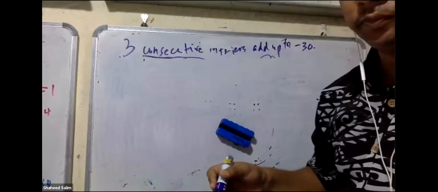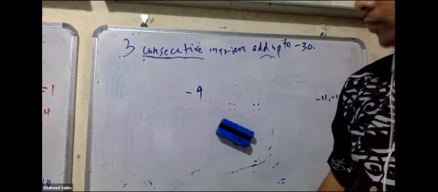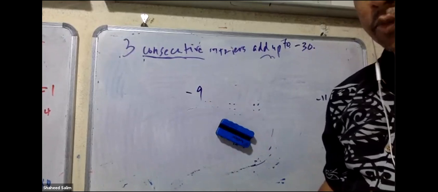Minus 9. Minus 9 is the biggest or smallest? Okay, minus 9. Minus 9 is correct, it's one of them.